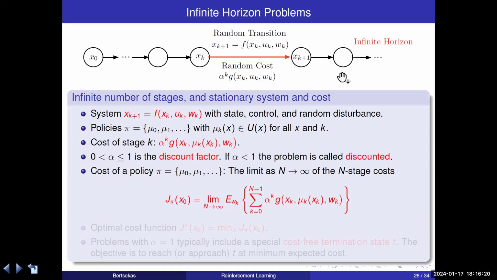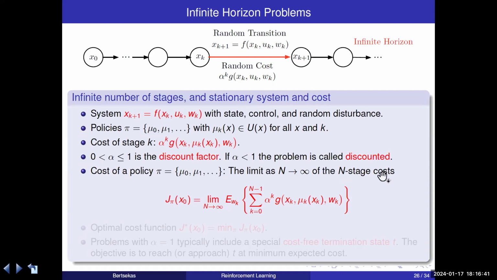So costs diminish over time due to this discount factor. And this has interesting mathematical ramifications because it keeps the cost finite. So the cost doesn't explode through accumulation of these terms g.